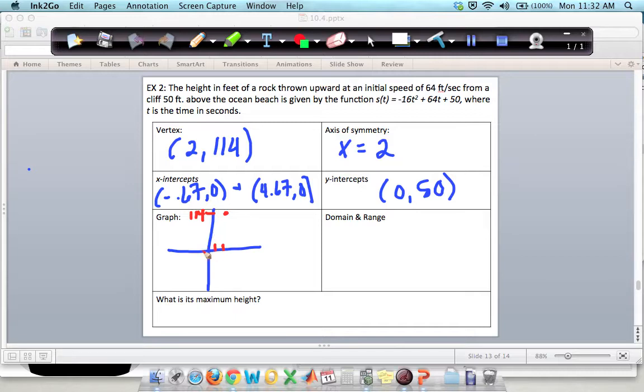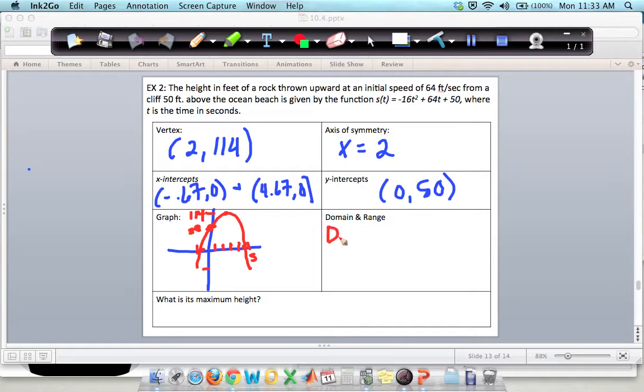X-intercept's -0.67, so there's -1, and 1, 2, 3, 4, 5, 4.67, so somewhere right there, and y-intercept of 50, so that was 114, 50 would be about right about here, sorry. Okay, that's supposed to say 50. So you just want to label your graph a little bit, and go up and around. There's my upside down U.